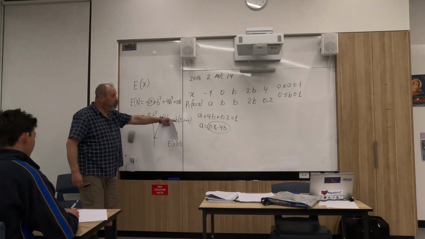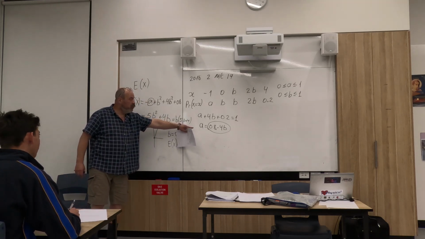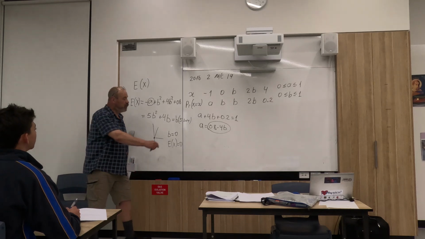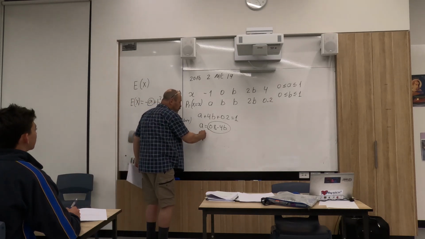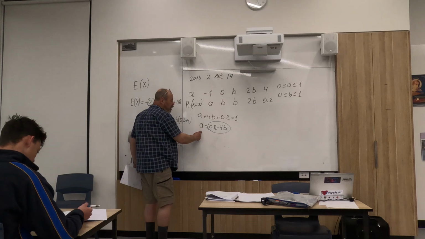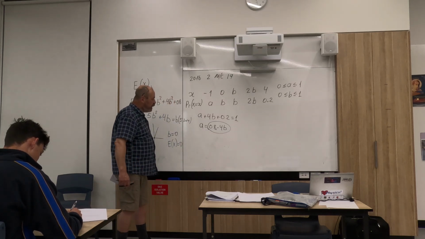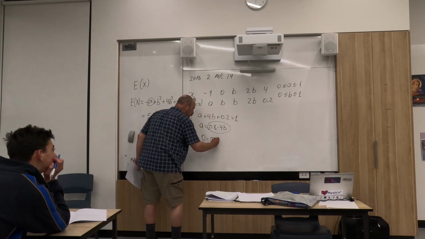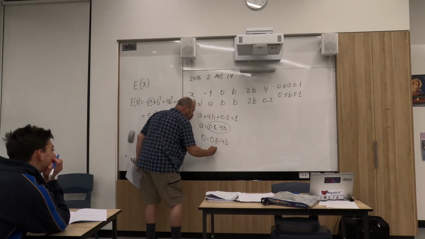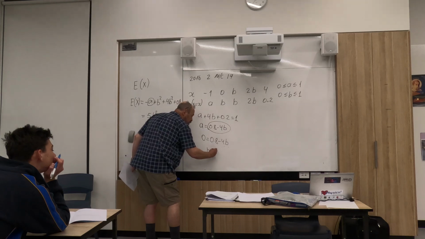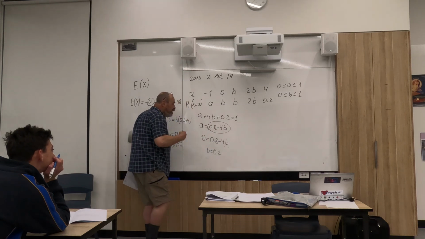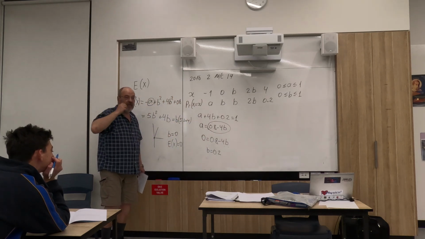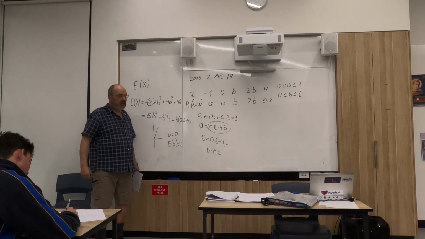Now, what is the biggest B can be? The smallest A can be is 0. So 0.8 minus 4B equals 0 means B equals 0.2, the biggest value B can be without making A negative.